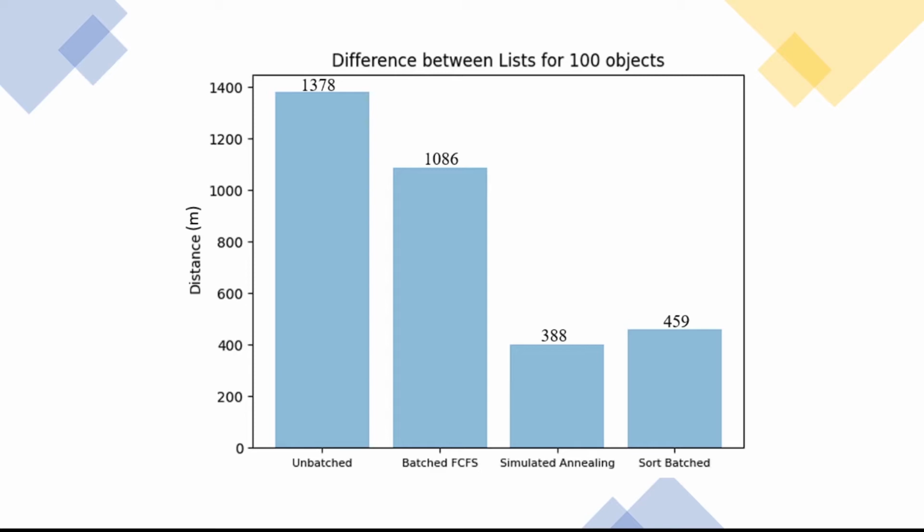Furthermore, compared with the sorting method, simulated annealing is able to reduce the distance by 71 meters, which is a 15.46% decrease. This result has proven that simulated annealing is able to optimize the order batching.